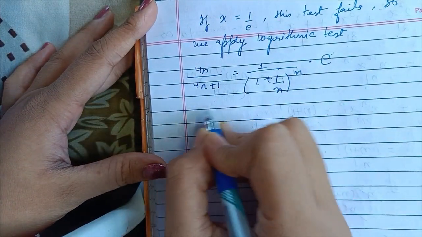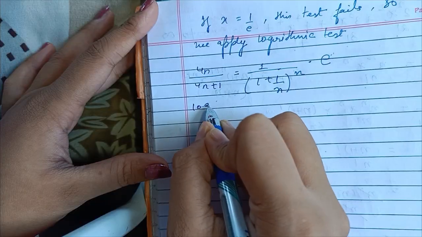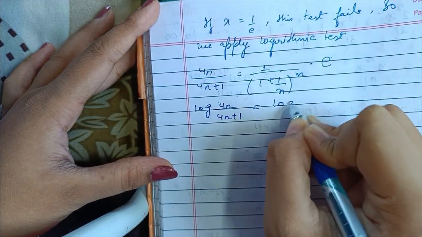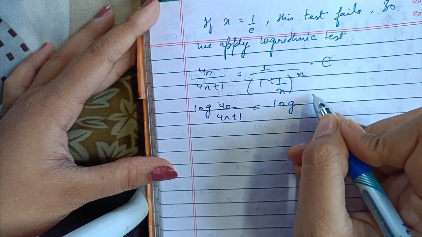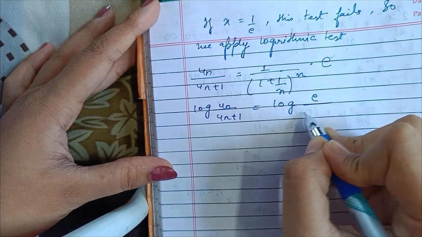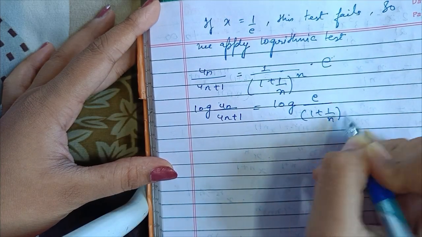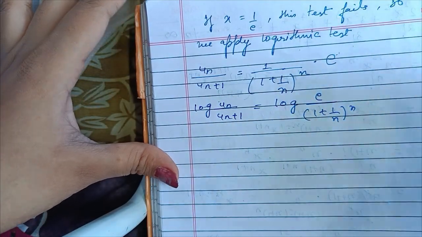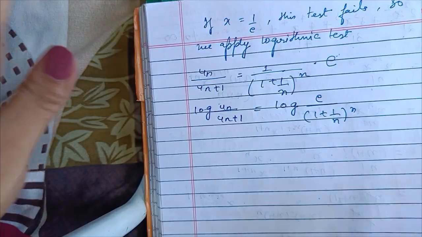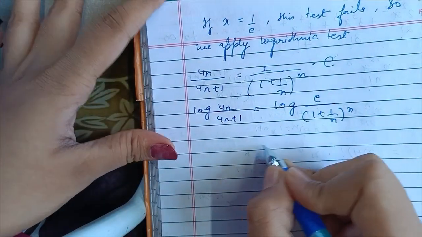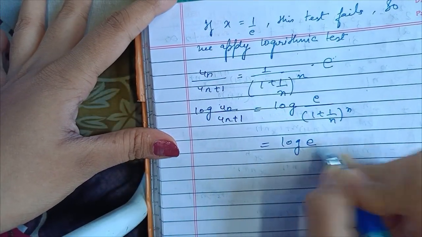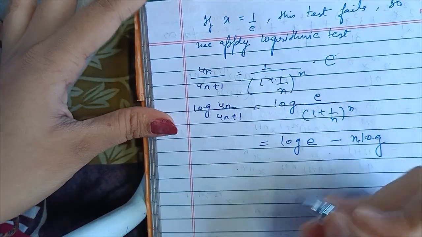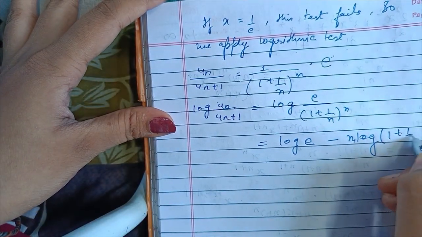Now taking log on both sides, as we are dealing with the logarithmic test, I am just applying log un upon un plus 1 is equal to log. Now you have to be very specific over here. If you directly write the formula, log e minus n log, that's completely fine. I'm just going with the very basic. So here it is log e minus n log 1 plus 1 upon n.